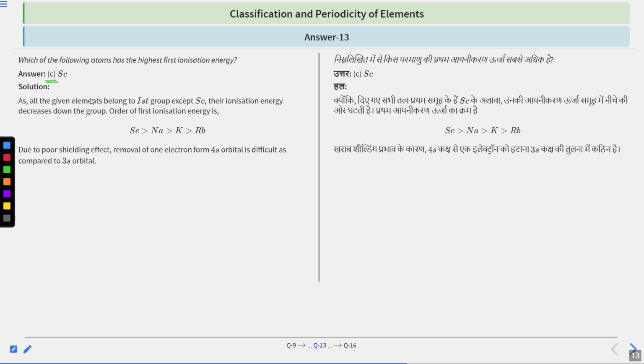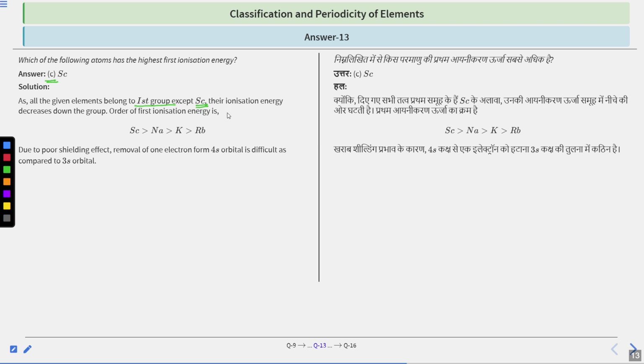All the given elements belong to the first group except scandium. If you see sodium, potassium, and rubidium, all these three elements belong to the first group, while scandium is from the third or fourth group. Their ionization energy decreases down the group.